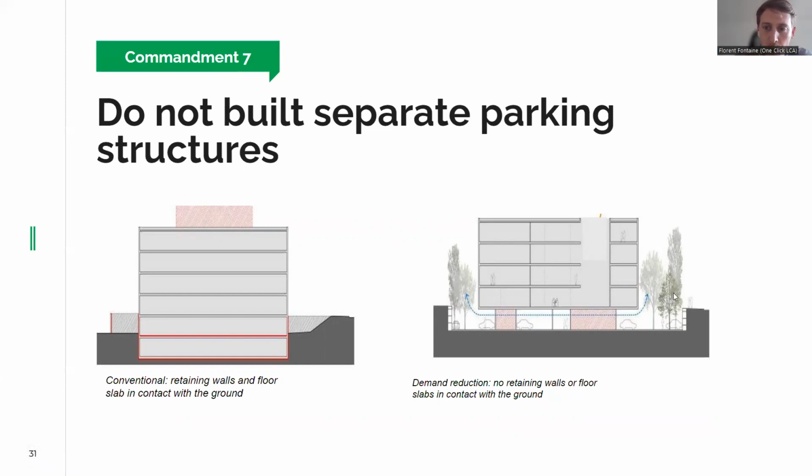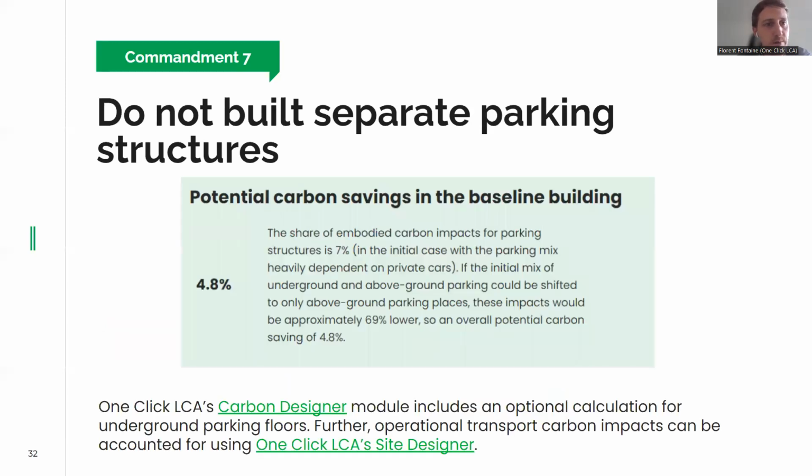And this was also open for helping circulation of air and also removing some retaining walls and some floor slabs. So at the end, we could really optimize the design and reduce by these red lines the quantity of materials. This really helped to avoid unnecessary carbon emissions from materials.